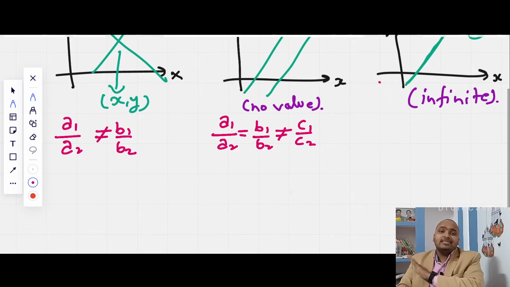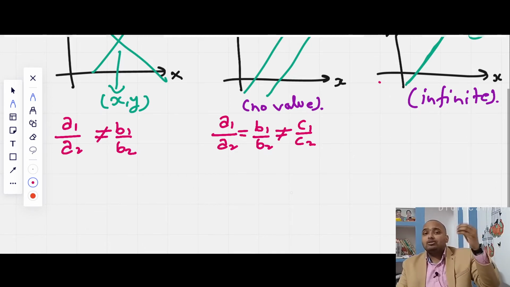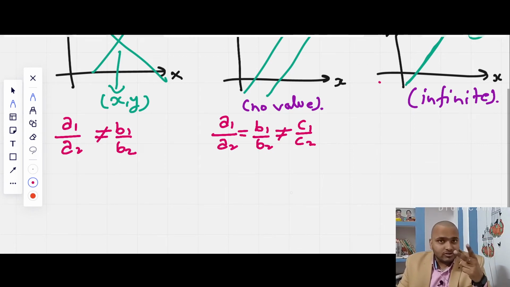They will not intersect at any point. It means there is no common point, no x and y value which can satisfy both of the given linear equations.